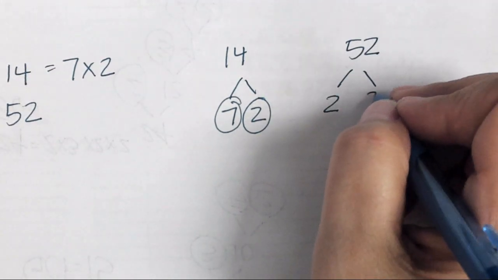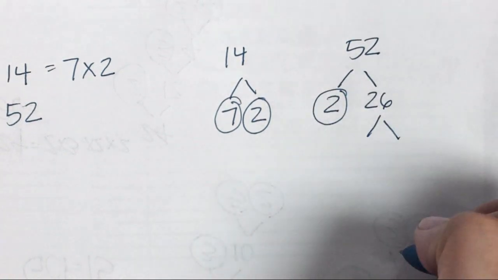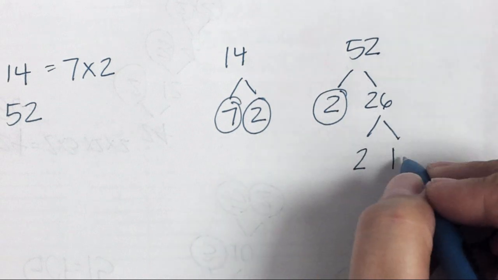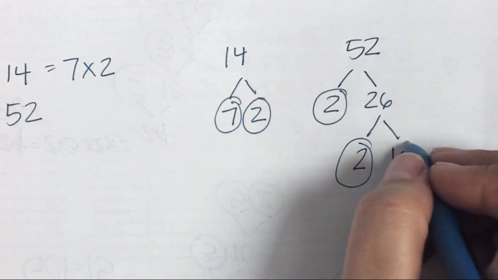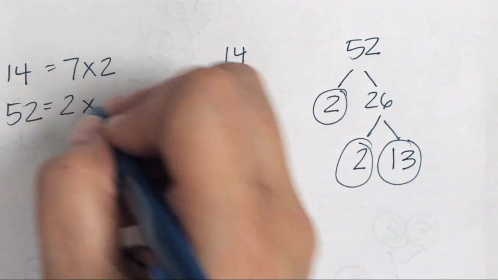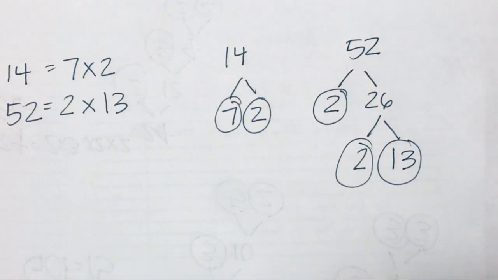I'll go 2 times 26. Okay, so 2 is prime. How do I get 26? 2 times 13. Okay, prime. So if I look at this, I've got 2 times 13. Well, that didn't work out the way I wanted it to.